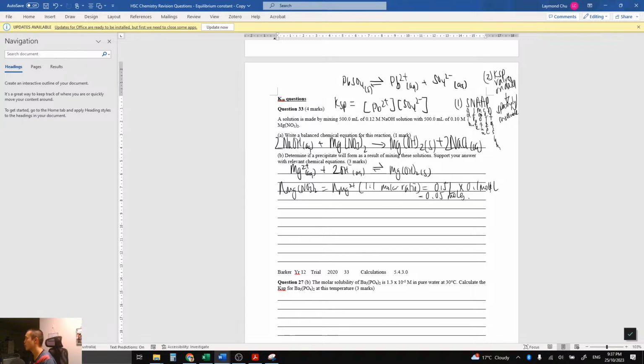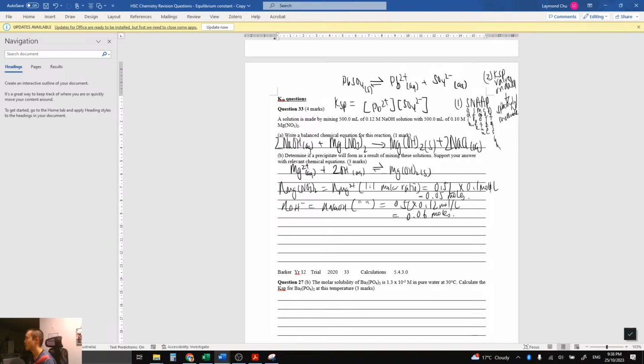And then we want to work out the moles of our OH-, which is going to be the moles of our NaOH. Again, 0.5 times 0.12 moles per liter, which is 0.06 moles. Now the trick is we then need to find the concentration, because our KSP requires our ions to be in concentrations.